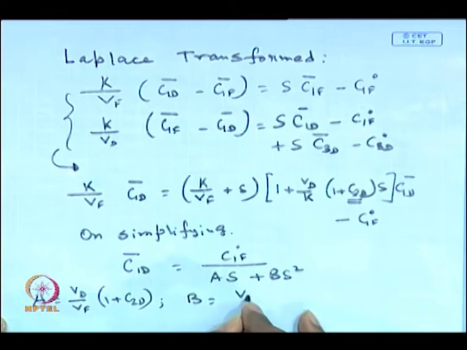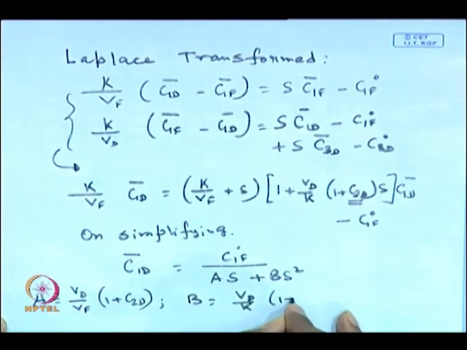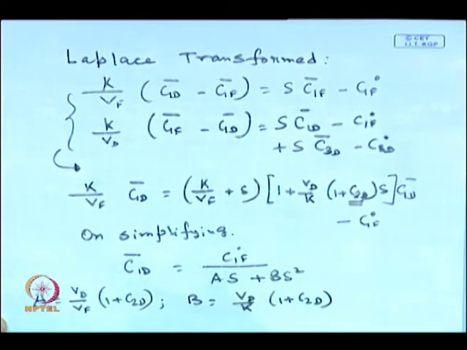B is equal to Vd over k times (1 plus C2d). Now, the terms in the denominator can be represented in the form of 1 plus 1 over S minus 1 over (1 plus k plus S), something like that. What I mean is that this fraction, the denominator, can be represented as a summation or subtraction of simpler fractions.